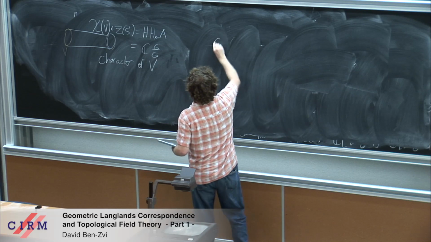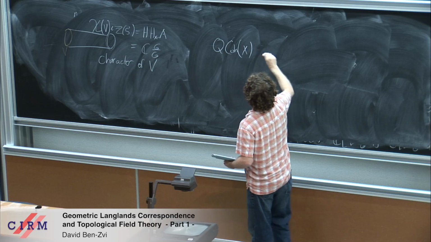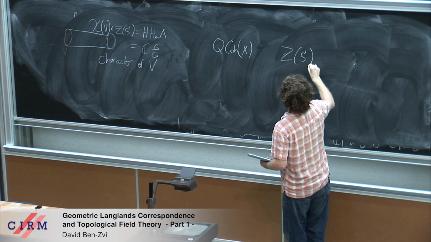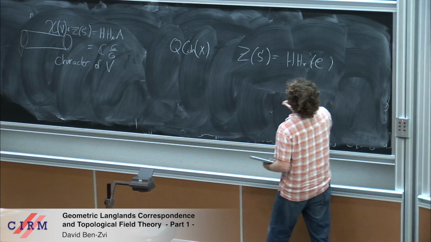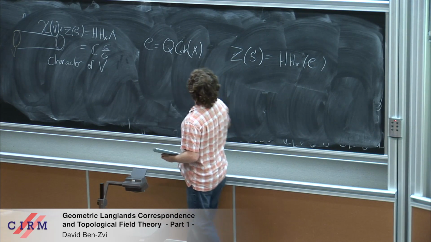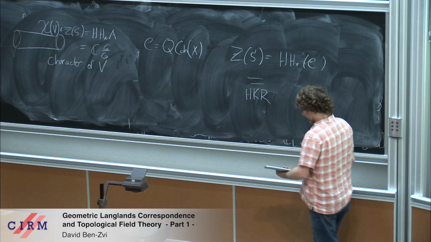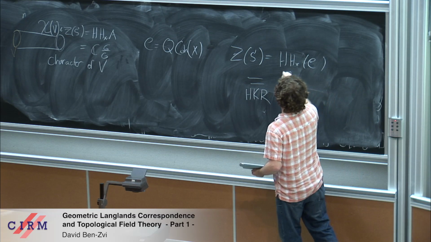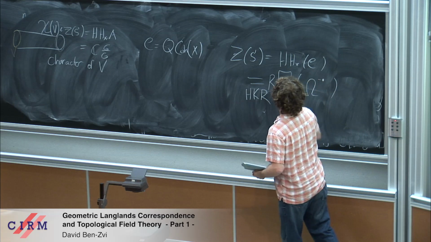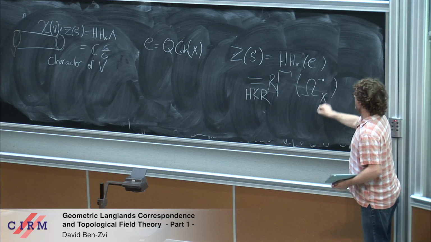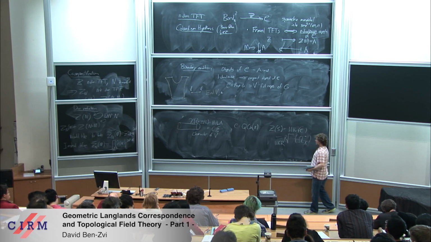In the case of the B model, if I look at quasi-coherent sheaves on a variety X, and I calculate Z of S1, which is the Hochschild homology of my category, then by the Hochschild-Kostant-Rosenberg theorem, I can calculate this as being differential forms on my variety X, or here, if X is not smooth, I need to put the cotangent complex here.